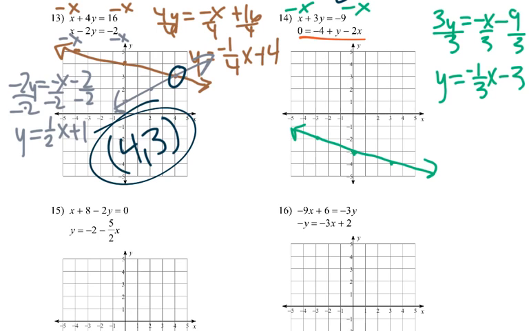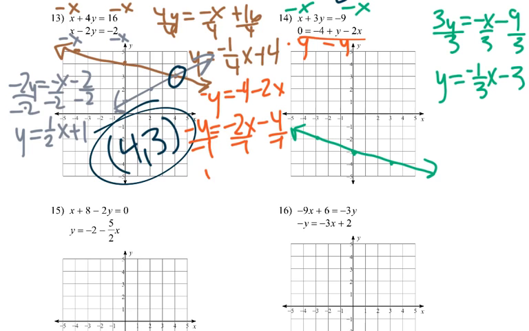Okay, now the second one, notice it doesn't have the x and y on the same side. Well, it does, but it also has the regular number. So we just need to get the y by itself. So I could subtract a y, and I'd have negative y equals negative 4 minus 2x, which I could rewrite as negative 2x minus 4. But then I just divide everything by a negative 1, and we get y equals positive 2x plus 4.